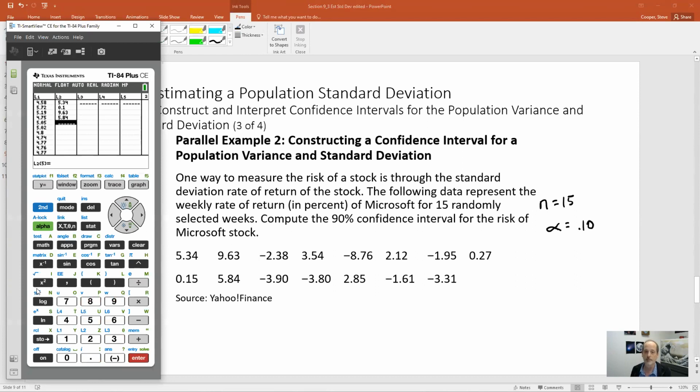Oops, that should say 5.34, 15.63, negative 2.38.